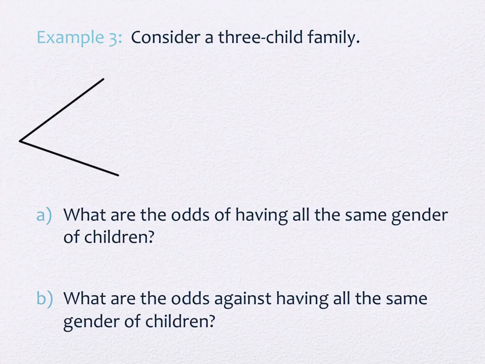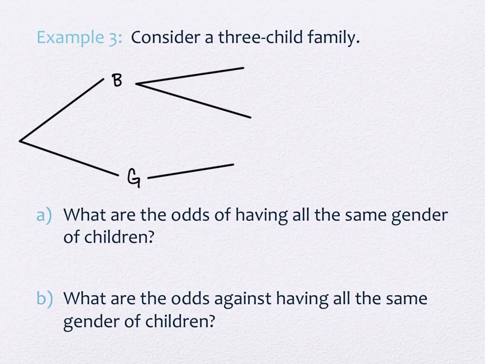So the first set of branches is child number 1, and child number 1 would be a boy or a girl. And remember, the longer you make your branches, the easier it is to have enough space. It gives you more space, so I'm going to make mine long, like this. This is child number 2, and it's boy, girl.